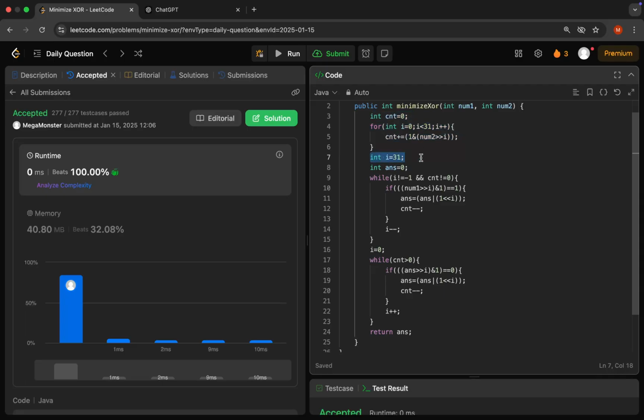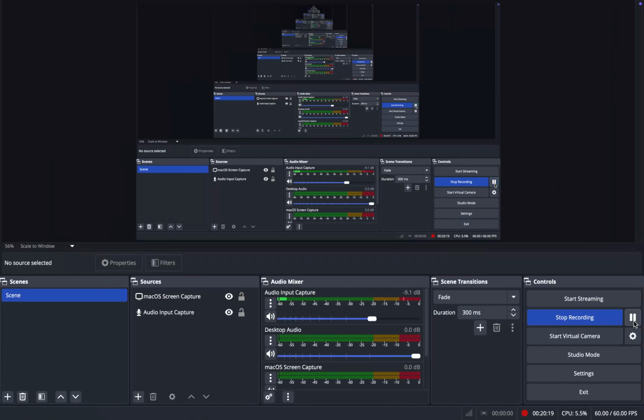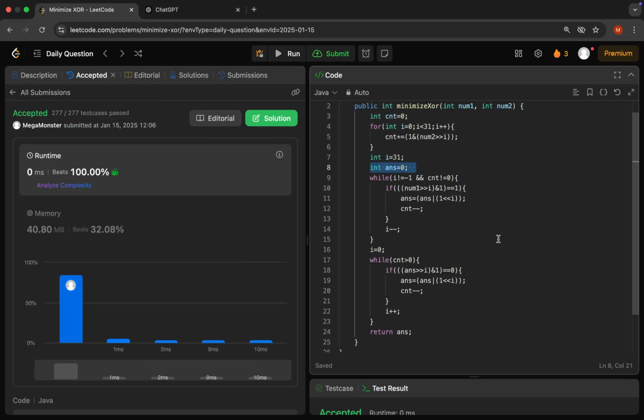So i equals 31, int answer equals 0. We initialize answer as 0, while i is not equal to -1 and cnt is not equal to 0, which means we have remaining set bits. Then we check the ith bit of num1.